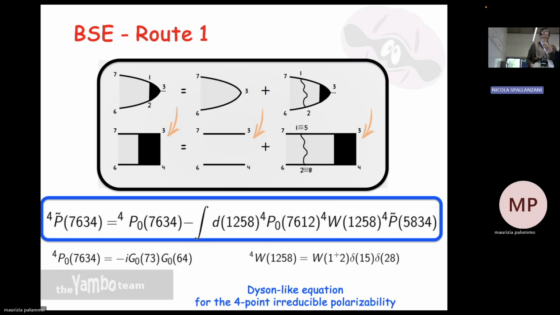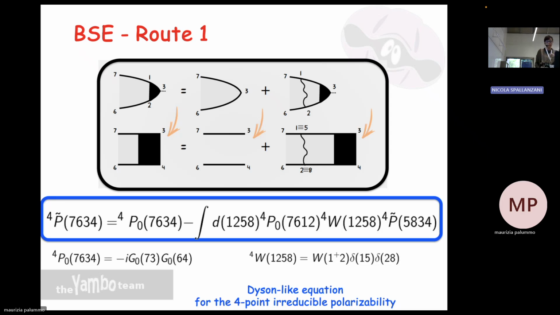This is the correlator, the P tilde, and this is the interaction that is W, the screened Coulomb potential. Here you have the dependence on two positions in space and time, two positions in space and time. This is the equation. And what we can say is that this is the 4-point generalized equation for the polarizability.